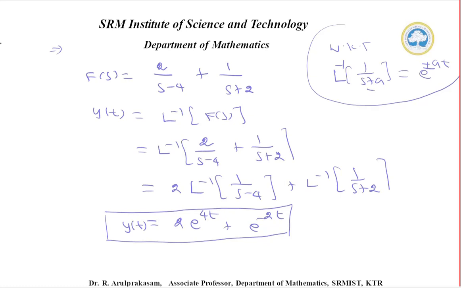So now I'll move on to one more problem. This problem is to solve the second order linear differential equation D squared plus 4D plus 4 of y is equal to e to the power minus t. In the previous problem, there was no function on the right hand side, I considered 0.